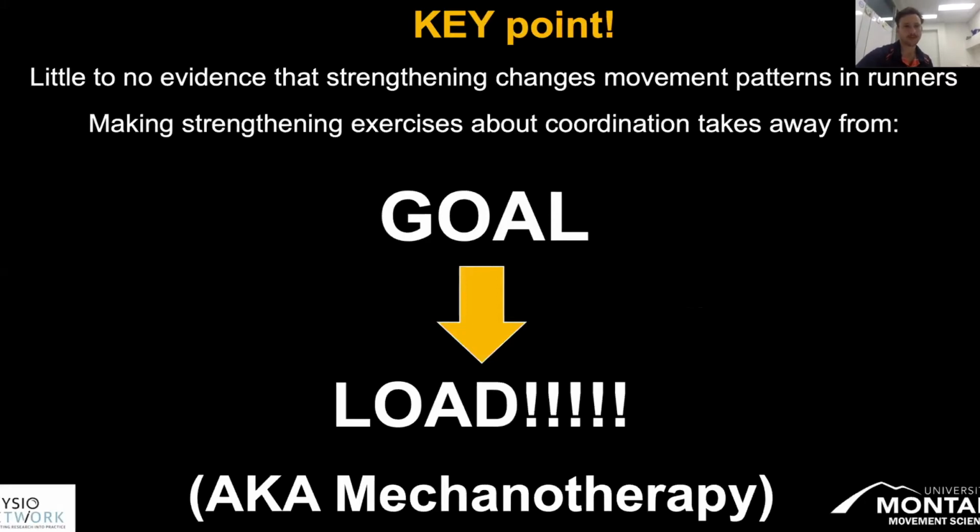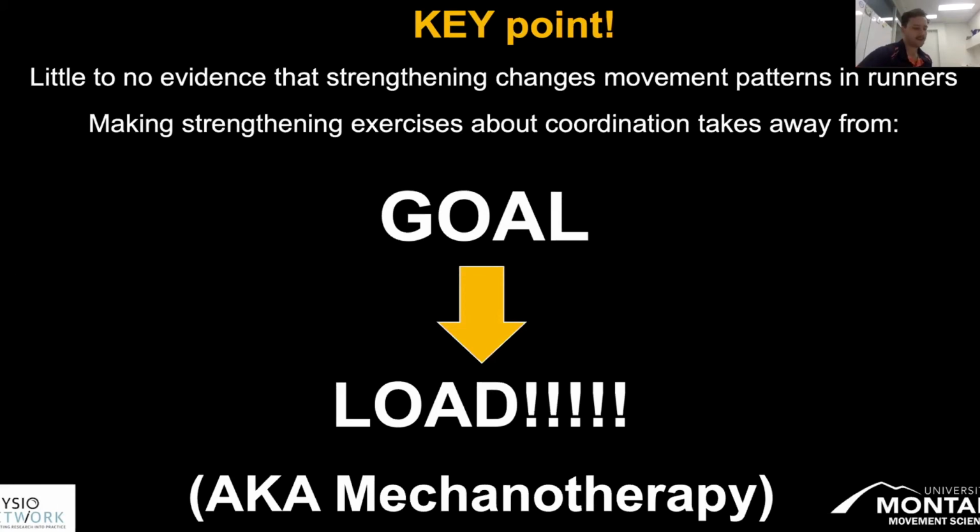So the key point, as I was saying, is that there's little to no evidence that strengthening changes movement patterns in individuals. So the goal of a strength exercise is not coordination, it's to increase load. The recommendation is to load up.